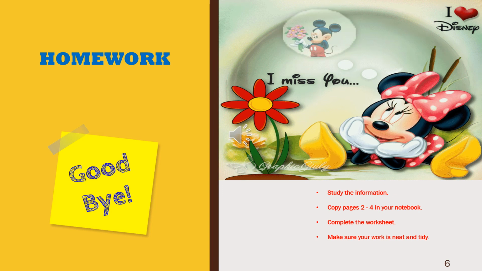Then we talked about frequency adverbs, and we have the most common ones. One of them is always, which is 100%. It means that you do this every day. And then you have never, which is 0%. It means that you never do something. And in the middle you have 3 or 4 frequency adverbs.